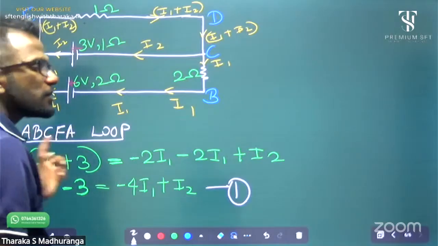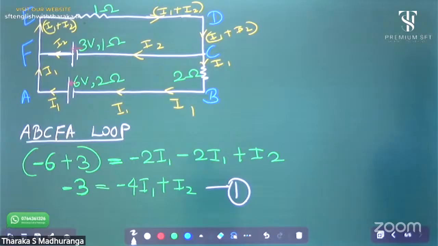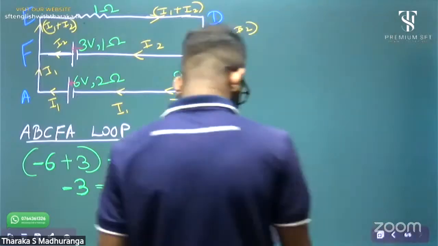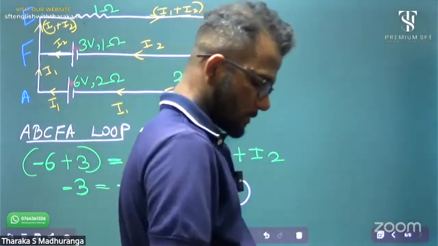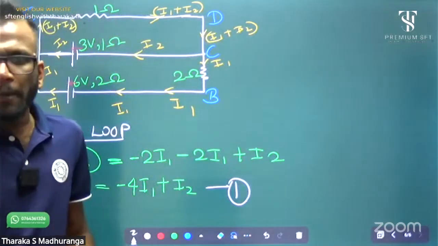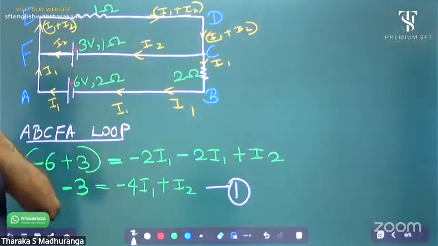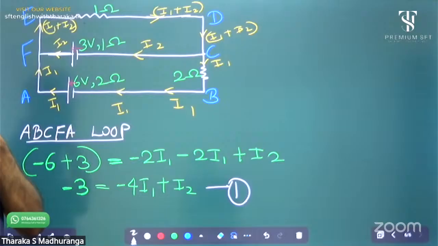Okay, tell me another loop we can use. What's the next one? Another loop.